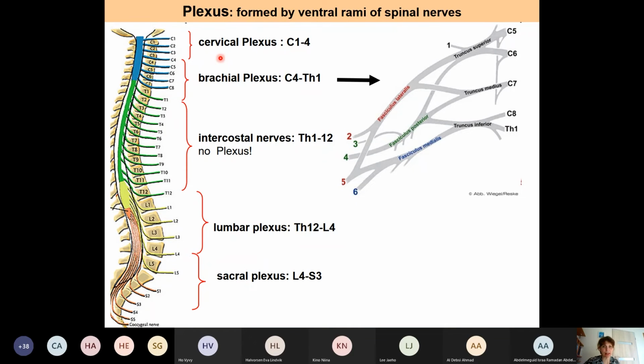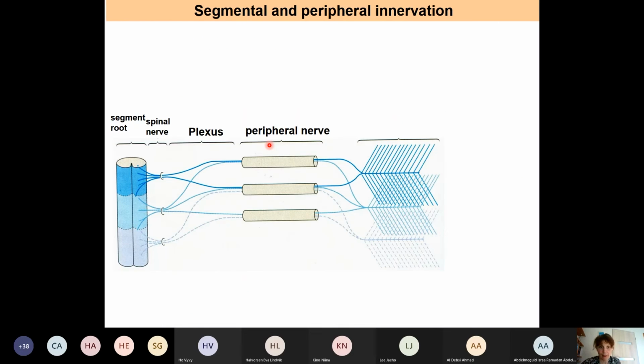So the ventral rami of the spinal nerves form the plexus. At the different levels, we have different plexus. The only exception is the thoracal part, where the ventral rami do not form plexus. Here we have the intercostal nerves, which actually correspond to the ventral rami of the spinal nerves.